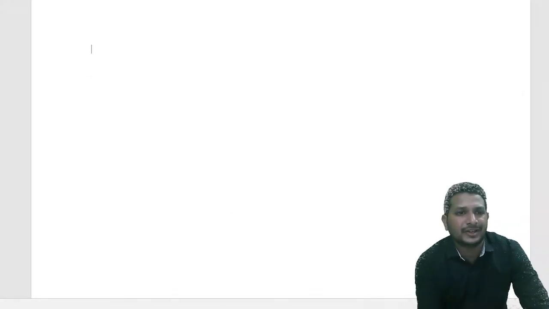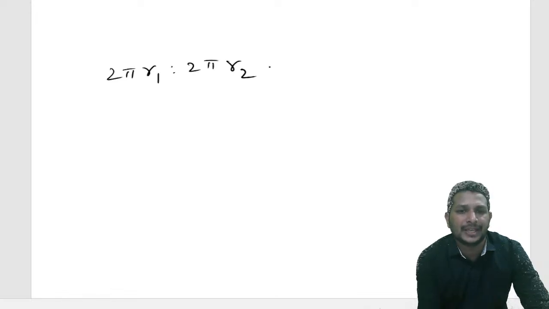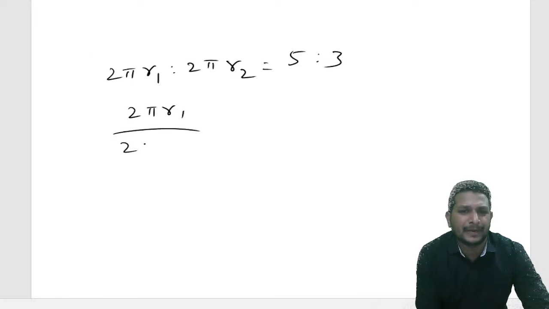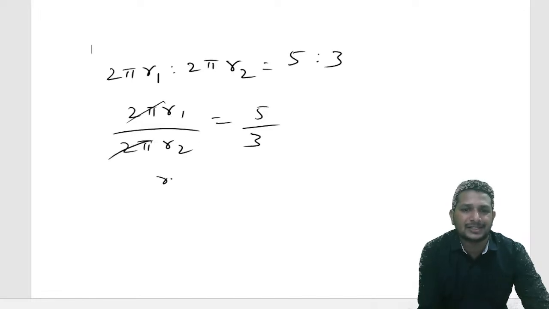The circumferences 2 pi r1 is to 2 pi r2, they gave the ratio as 5 is to 3. You can see that the ratio is like dividing. 2 pi r1 by 2 pi r2 equals 5 by 3. 2 pi gets cancelled. So r1 by r2 equals 5 by 3.